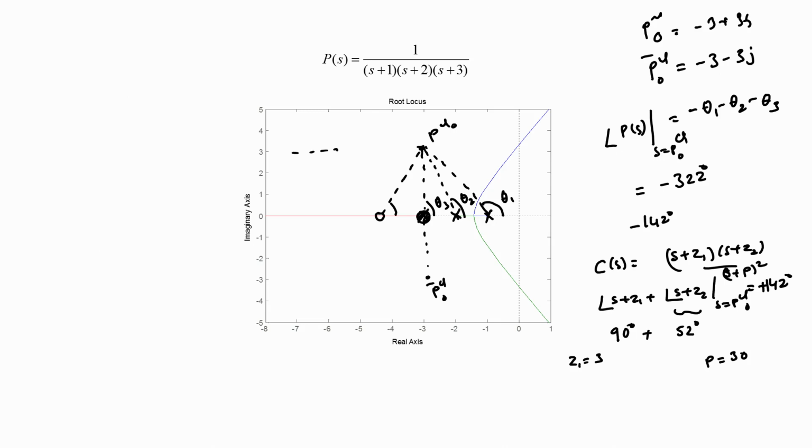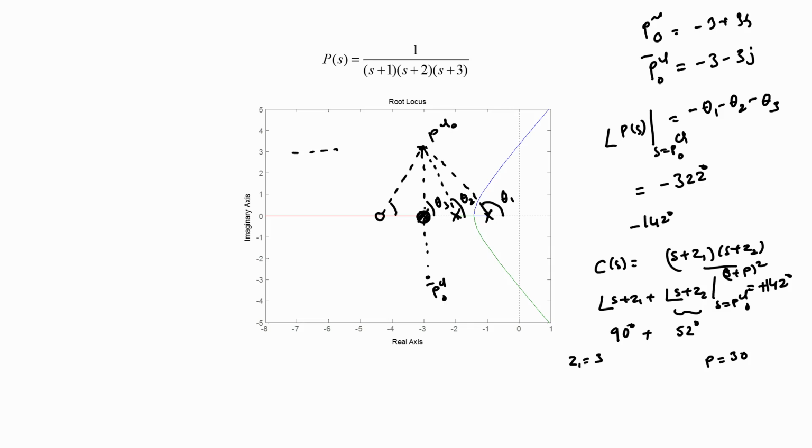In practice, this location has to be decided on the basis of the available bandwidth for the controller, but in general we choose it to be sufficiently far away in the hope that that far away pole will not contribute to a very large negative angle at the point PCL naught. So, the farther away it is, the smaller is its angular contribution at the point PCL naught, and in this case I have assumed that S is equal to minus 30 is adequately far away for our particular purpose.